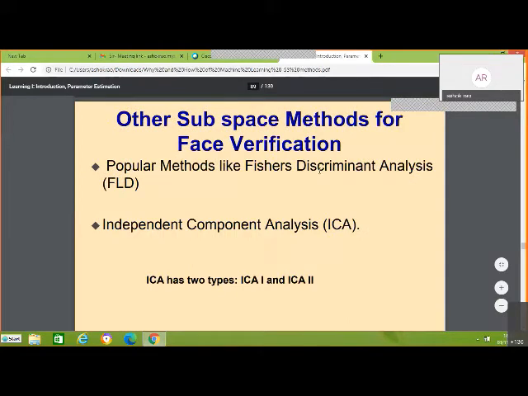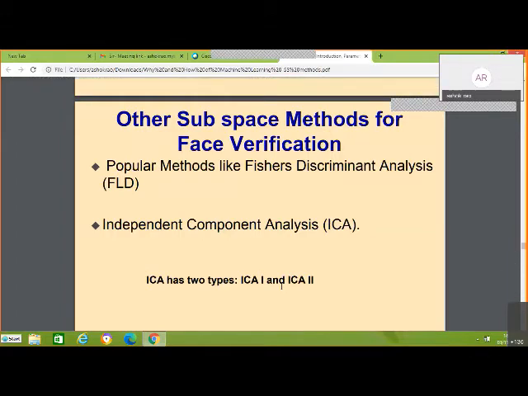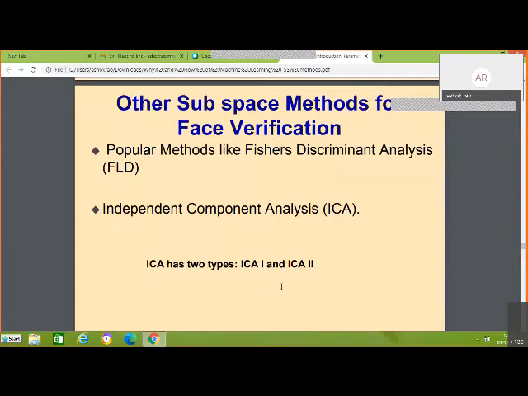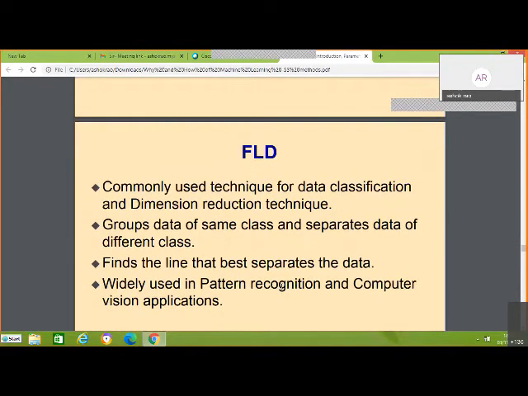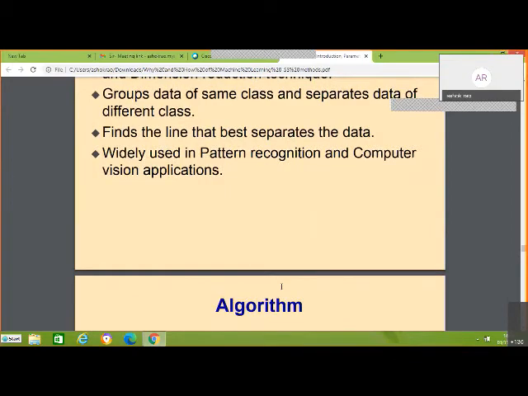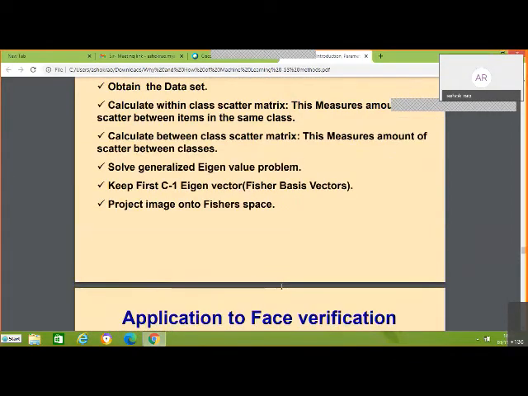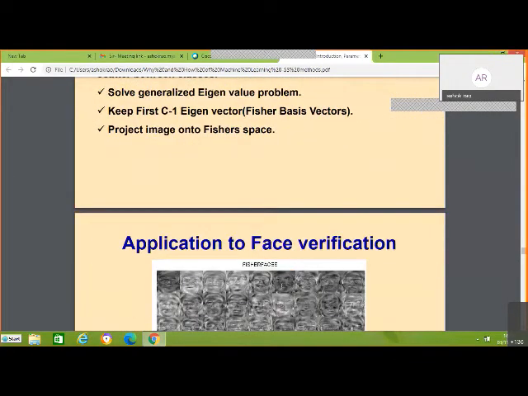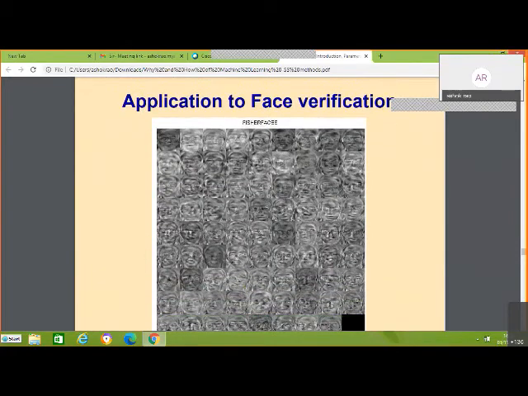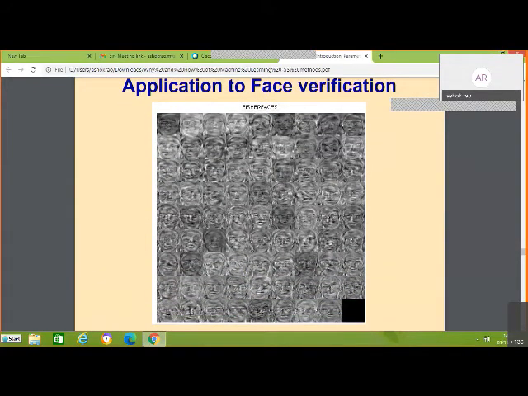For example, Fisher linear discriminant and independent component analysis, which has both ICA1 and ICA2, two flavors. One operates on the columns of the matrix, the other operates on the rows of the matrix. So it is another eigenvalue, eigenvector type of problem. We do the same thing. And these are the Fisher spaces, similar to eigenfaces, Fisher faces.